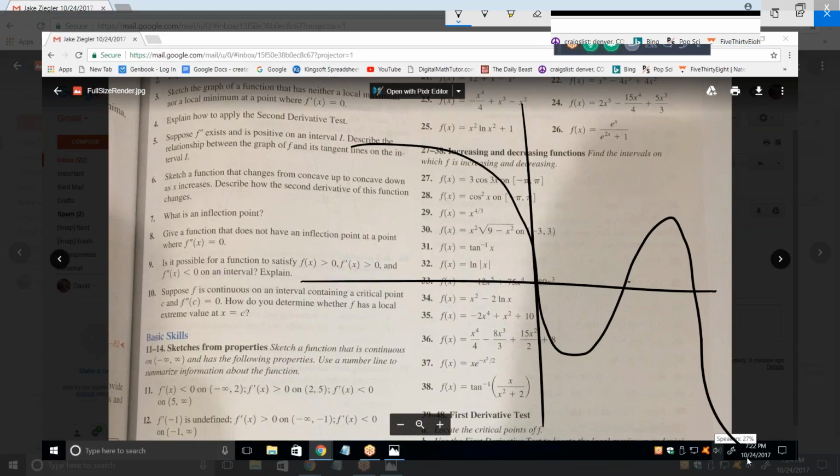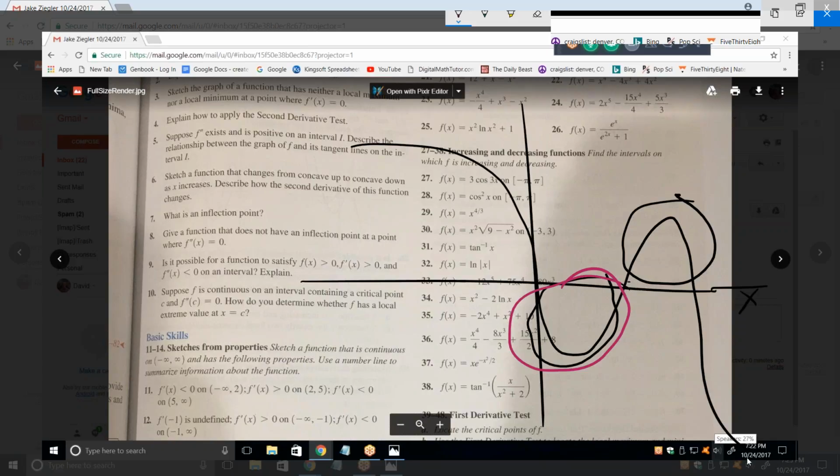Well, that's concave up, that's concave down as x is going to the right, correct? Okay. Describe how the second derivative of this function changes. What's the second derivative going to be right there? 0.